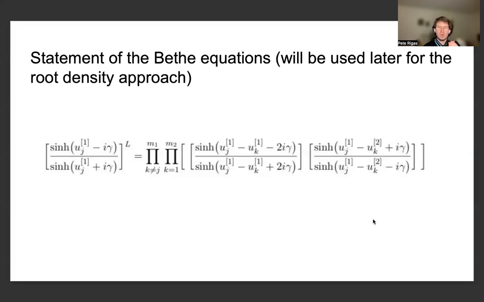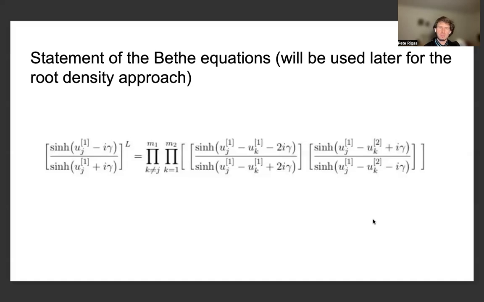So in this first term, from the ratio of hyperbolic sine functions in the Bethe equations, we're taking the difference between roots of the first type for j not equal to k, so that the hyperbolic sine of the difference of the roots of the first type doesn't vanish. But then in the second term, we're looking at the difference between roots of the first type and roots of the second type.